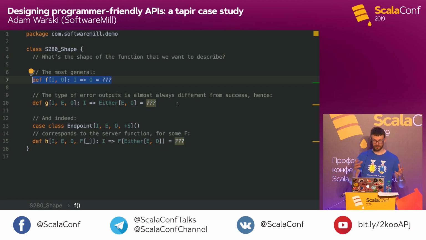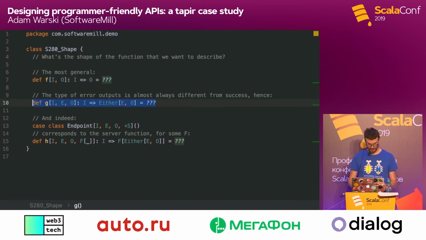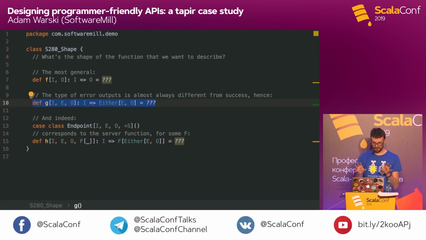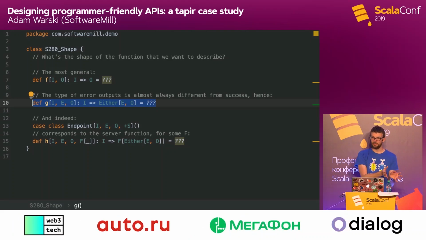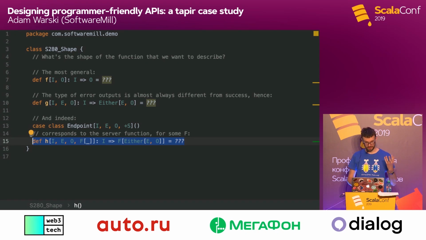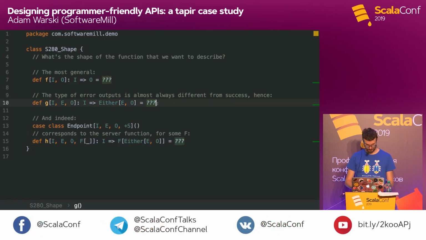So the first thing that we restricted ourselves to is describing functions which end either in an error or in success, just because it's so common in HTTP that you actually get errors or successes, and that they usually have different response types, right? So we restrict the shapes of the functions that can be described by Tapir to this shape, returning an either, right? But in the end, for the HTTP use case, we get a more user-friendly API, right? And if you look at the endpoint, that's the shape of the server logic function.